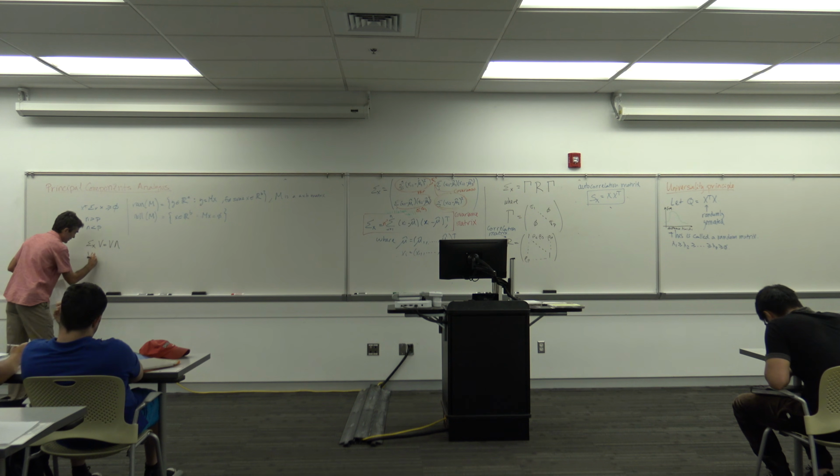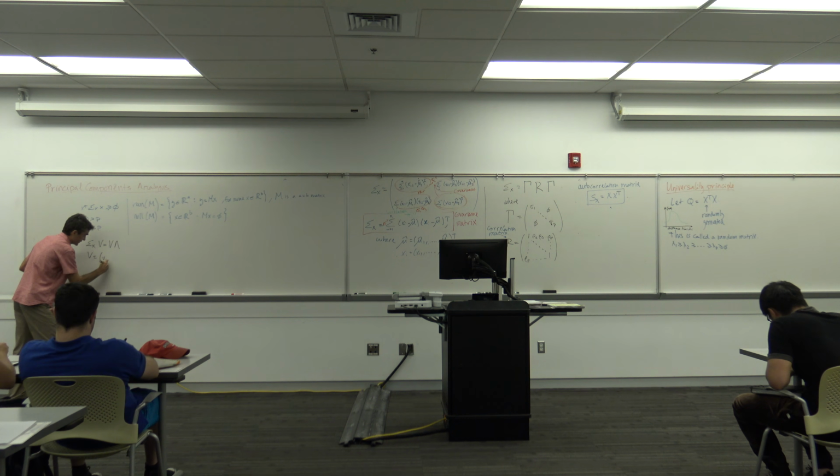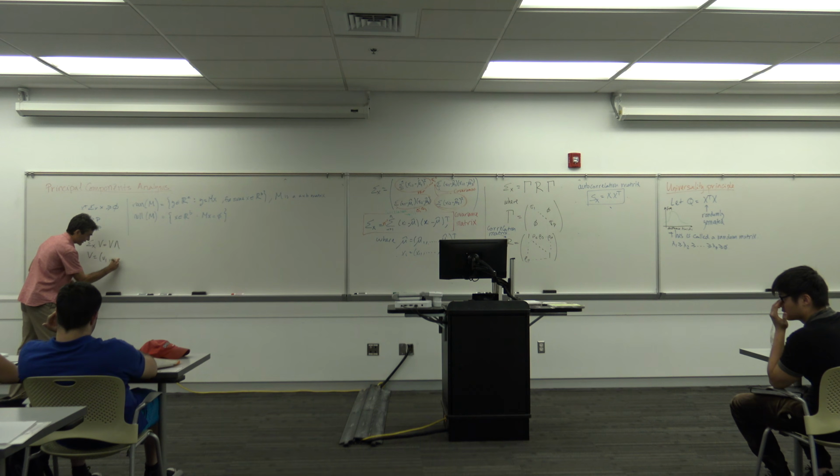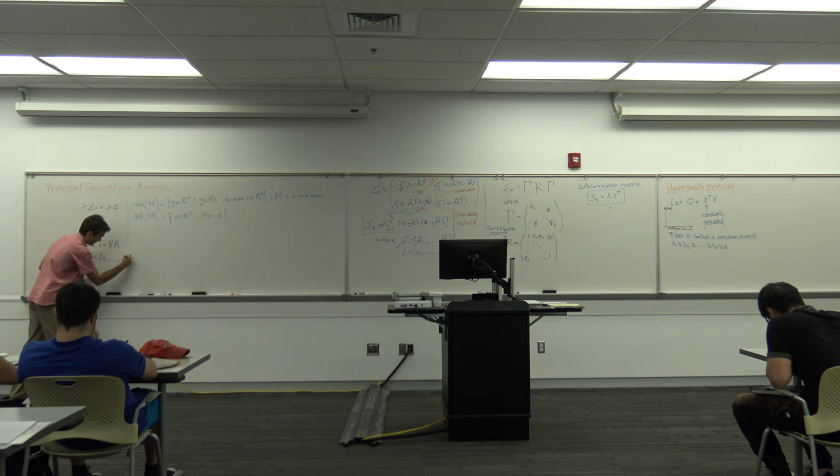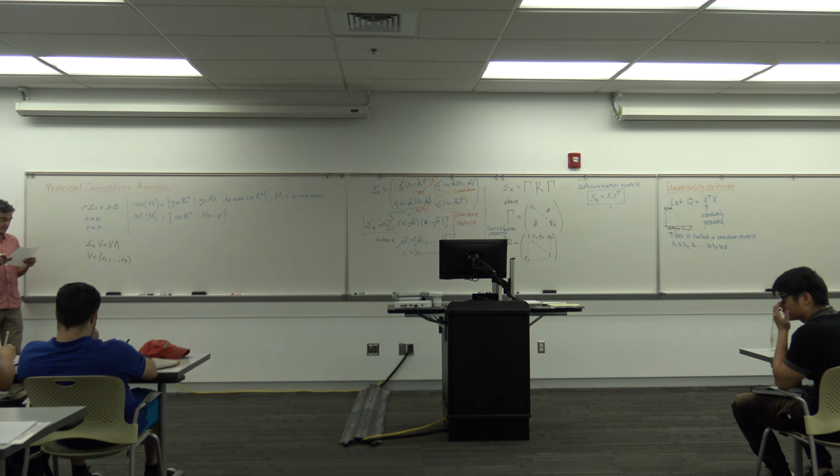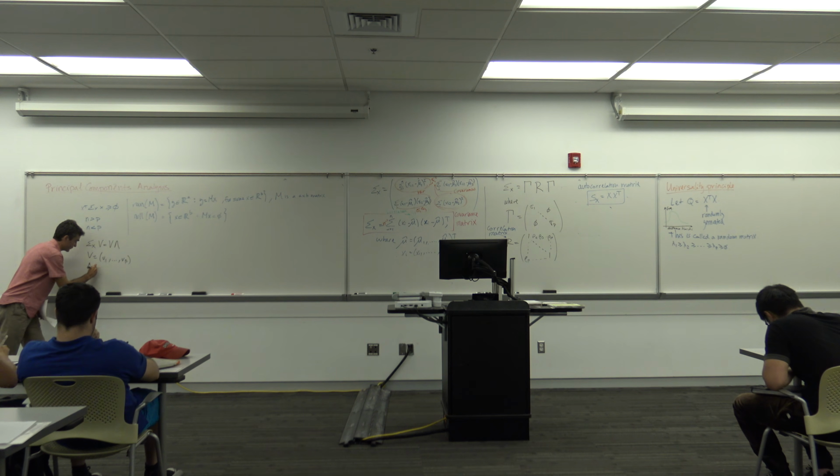Now here, V, as I said a few times already, is a matrix whose columns are the eigenvectors. And lambda is the diagonal matrix of corresponding eigenvalues.